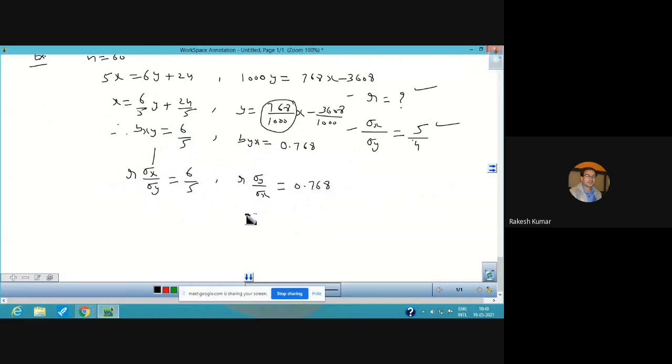Now, name them number 1 and number 2. Multiplying 1 and 2 will give you r square equal to 0.9216, and you can easily get the value of r.